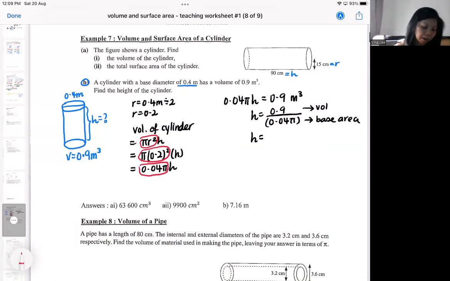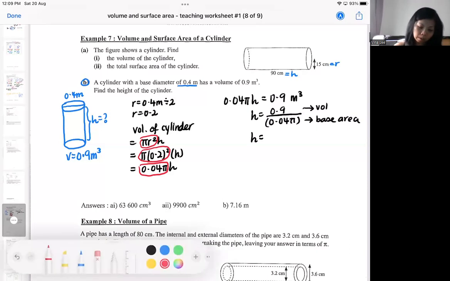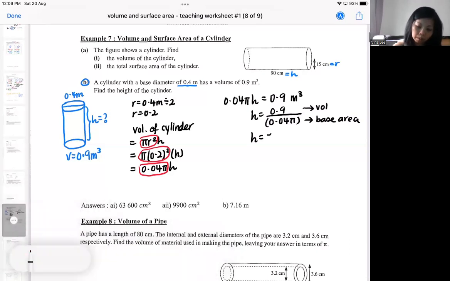I'll punch out my pi, calculate the pi. So I will get 7.16197 meter. Again, round off to 3 SF.